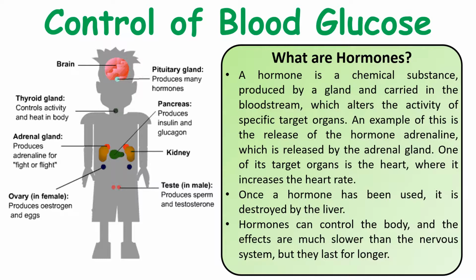Some examples of different hormones: ADH, antidiuretic hormone, is made in the pituitary gland and affects the kidneys. Insulin and glucagon, which are involved in control of blood glucose, are both made in the pancreas and have an effect on the liver.